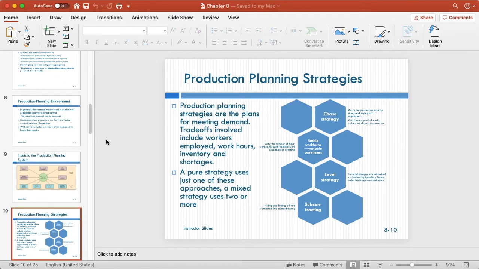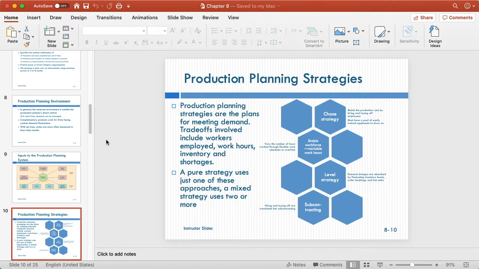Now, before we come to the real application, these are the 4 different strategies that we will apply for that example: the chase strategy, the stable workforce variable work hours strategy, the level strategy, and the subcontracting strategy.